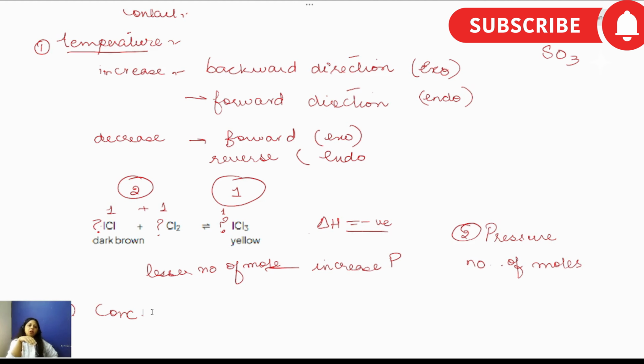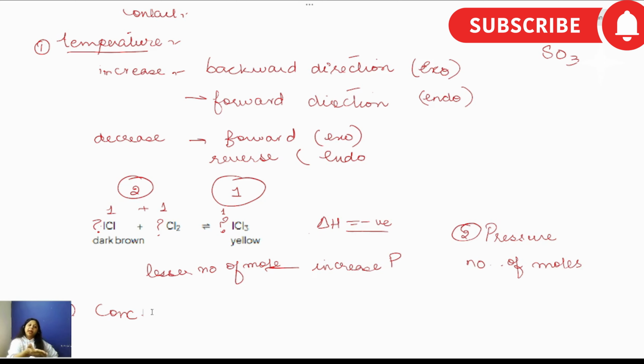If we decrease the concentration, it would move in the right direction. And if we increase the concentration of ICl3, then it would move in the reverse direction. I'm talking about the concentration of product, not the reactant.